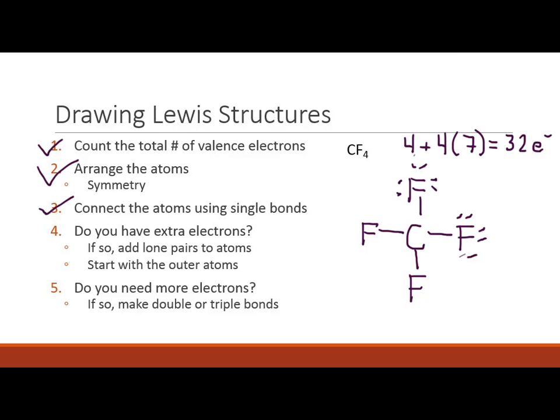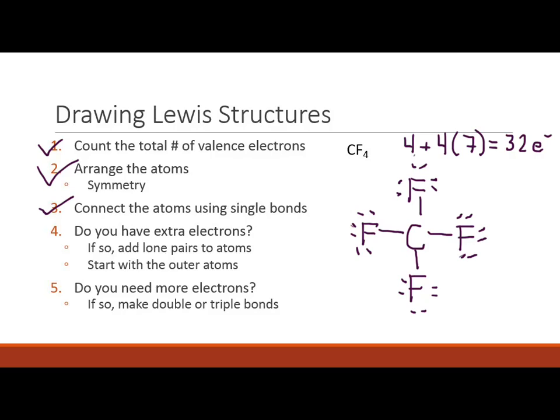So notice that I'm giving each fluorine a total of 8 electrons around it, right? So 3 lone pairs giving it 6, and then also the 2 that are in that bond. By doing this, I can fill up the octet on each of my fluorines here.